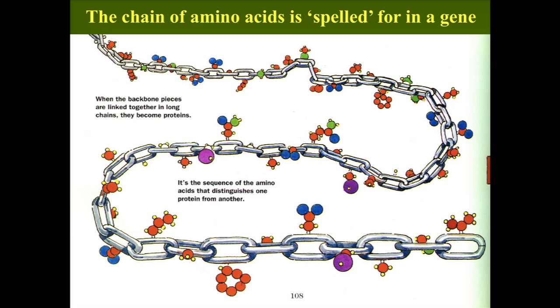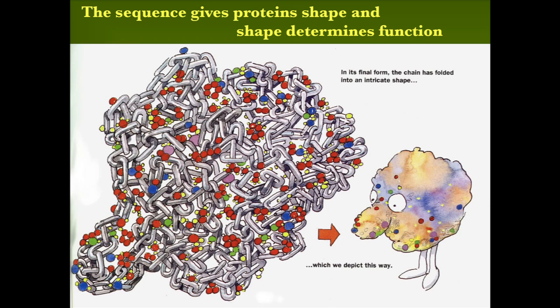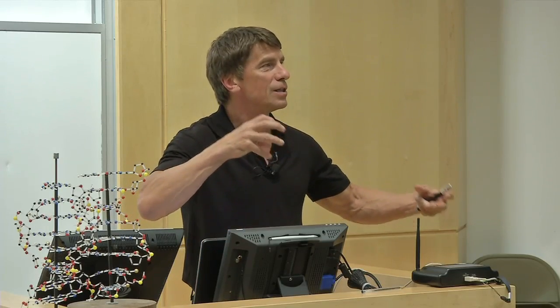And the chain of amino acids that is spelled for in a gene derives its function out of its shape. The shape of a protein like hemoglobin is meant to carry oxygen around, whereas the shape of a protein that makes a muscle protein is a different shape and has a different function. And that shape is controlled by the sequence of amino acids.